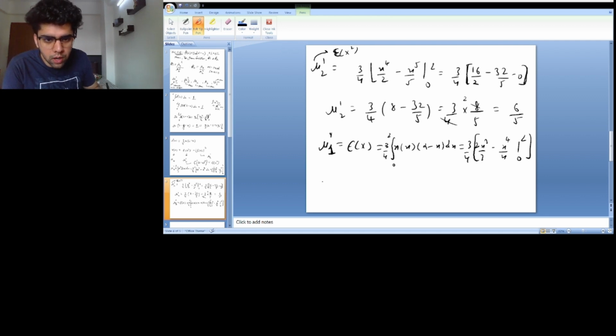So this will become 3 by 4. Now 2 to the power 3 is 8, into 2, 16. 16 upon 3 minus 2 to the power 4 is 16 again, 16 upon 4 minus 0.